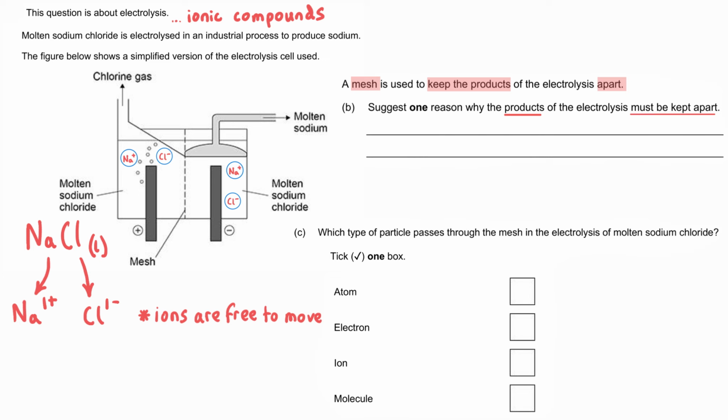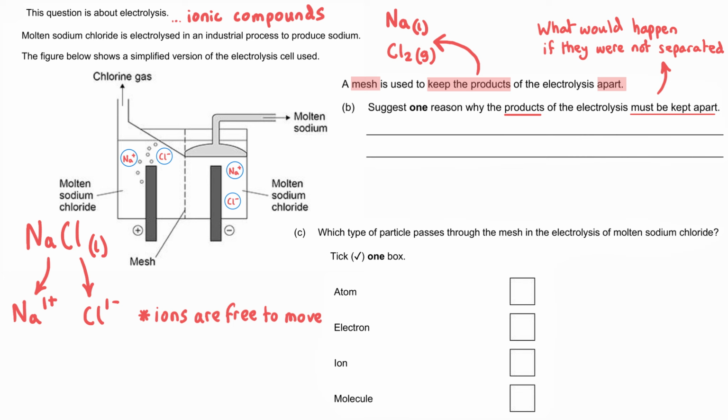Well, the products of electrolysis are molten sodium, so that is Na liquid, and chlorine gas, Cl2(g). Chlorine is a diatomic molecule. When we're considering why these products must be kept apart, it's worth flipping that and thinking, what would happen if they were not separated?